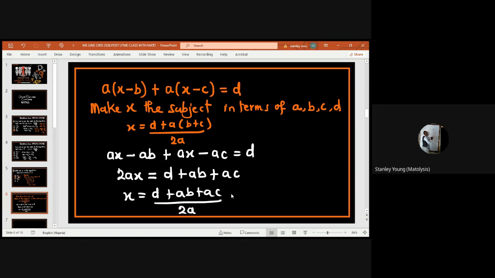You can either leave it like this or go further, depending on the options. Since a is common between these two expressions, you have a into the bracket of b plus c, divided by 2a. So that is correct.